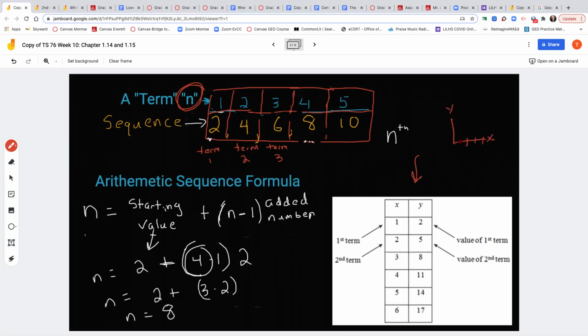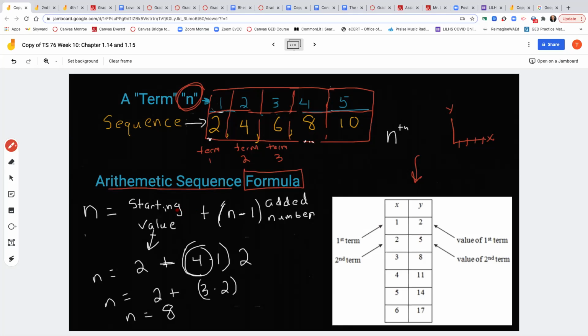Here's all my x values. All right, so anyway, we have what we call an arithmetic sequence, where you add the same number each time. Now, there's a formula, which I want you all to copy down, for an arithmetic sequence.